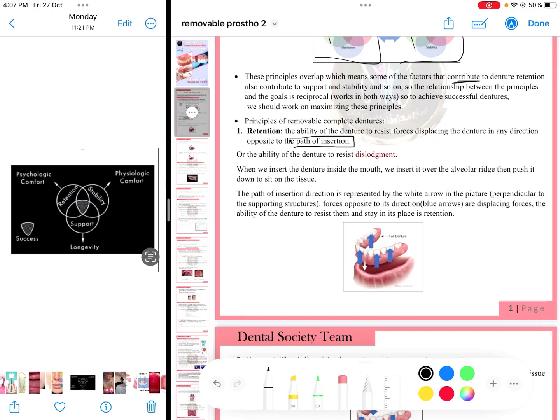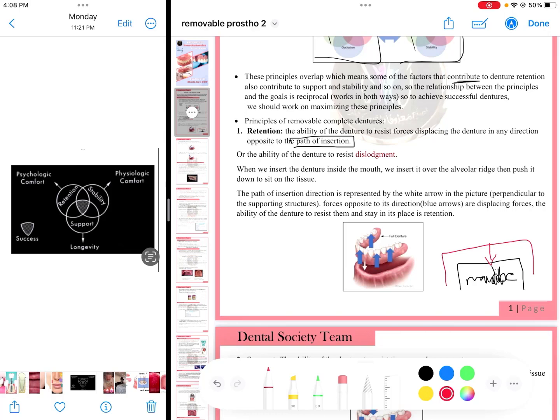يعني هو الطريق اللي أنا راح ألبس الدنشر عليه. So for example, if this is the mandible, whatever, and now you want to wear the denture, so the patient will put the denture like this. So the path of insertion is how the patient wears the denture.